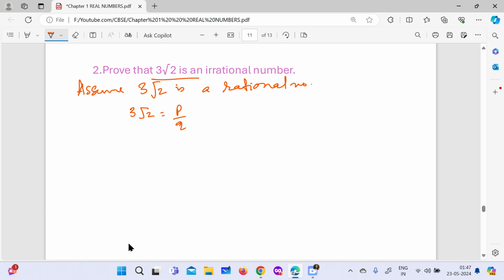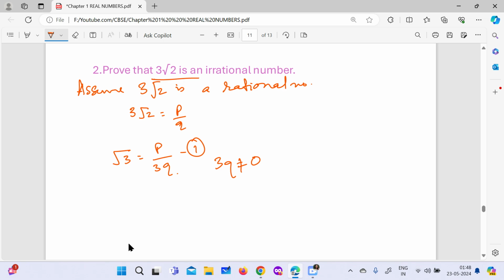Now we will write it this way. We can write root 2 equals p over 3q, right? Now, see, p is an integer and 3q is also an integer, where 3q is not equal to 0, because we are assuming them to be a rational number.